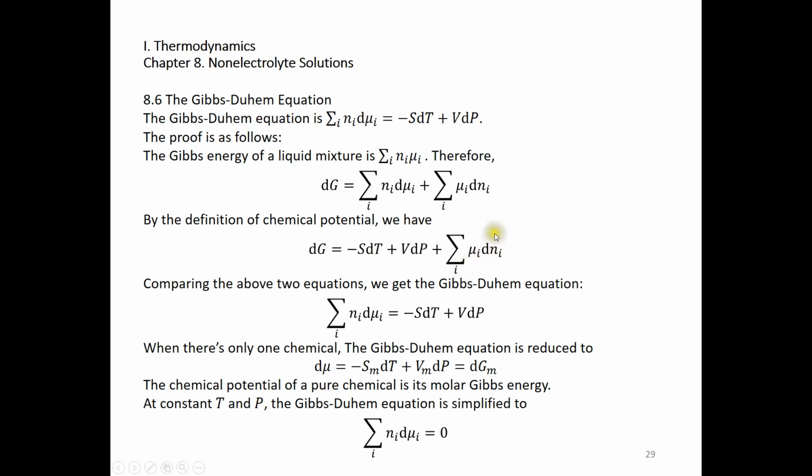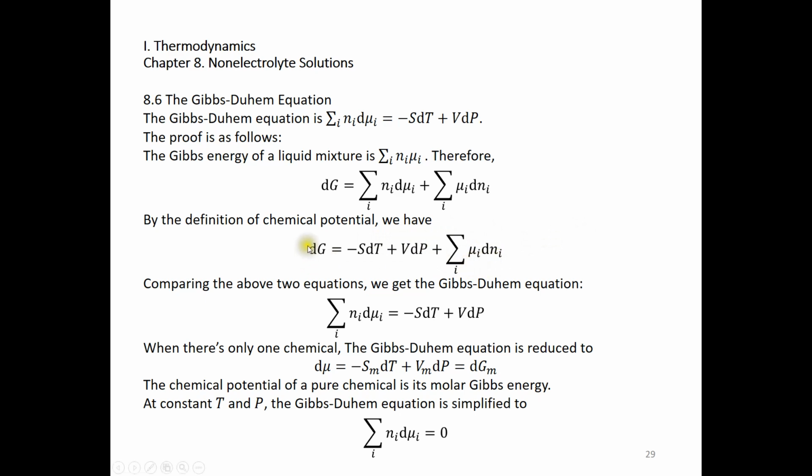Here we want to make sure Ni goes from 0 to the final number of moles of species i, and we integrate with the mole fractions of all components held constant. In that case, mu i is independent of Ni, so mu i is constant.